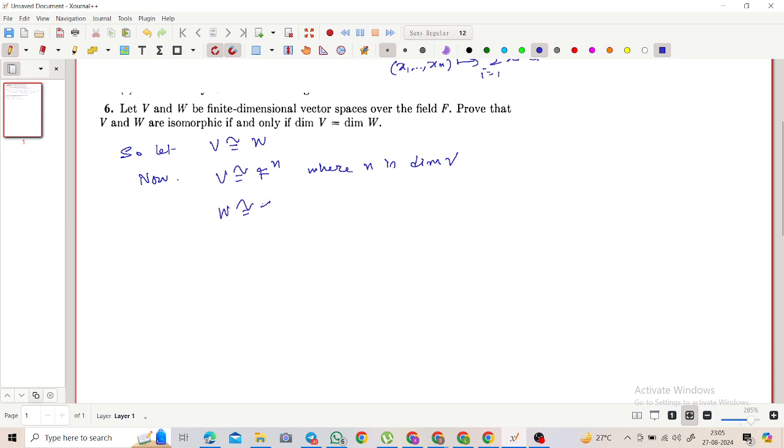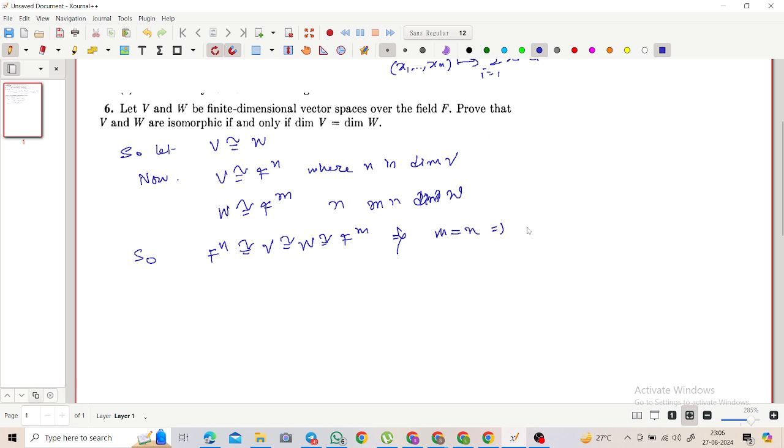W is isomorphic to F to the power m, where m is dim W. So F to the power n is isomorphic to V, isomorphic to W, isomorphic to F to the power m. This implies m equals n.